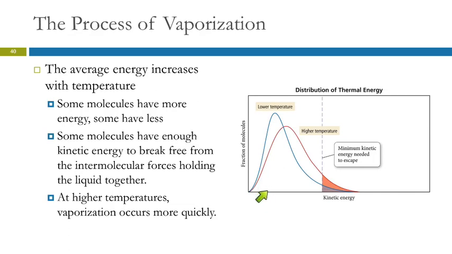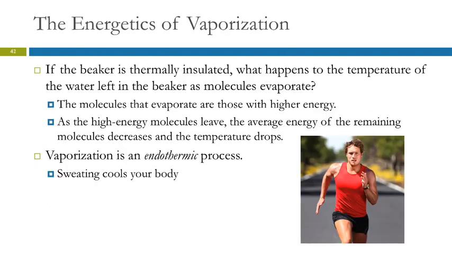The low energy ones or the high energy ones? The high energy ones are leaving. So if the high energy ones leave, what does that do to the average kinetic energy of what's left behind? It goes down, right? So as the liquid evaporates, the temperature of the remaining liquid goes down.